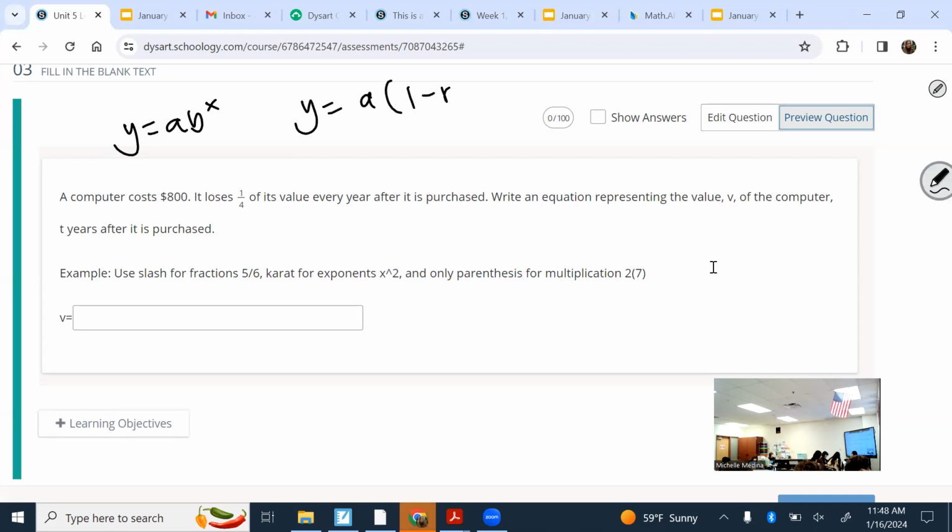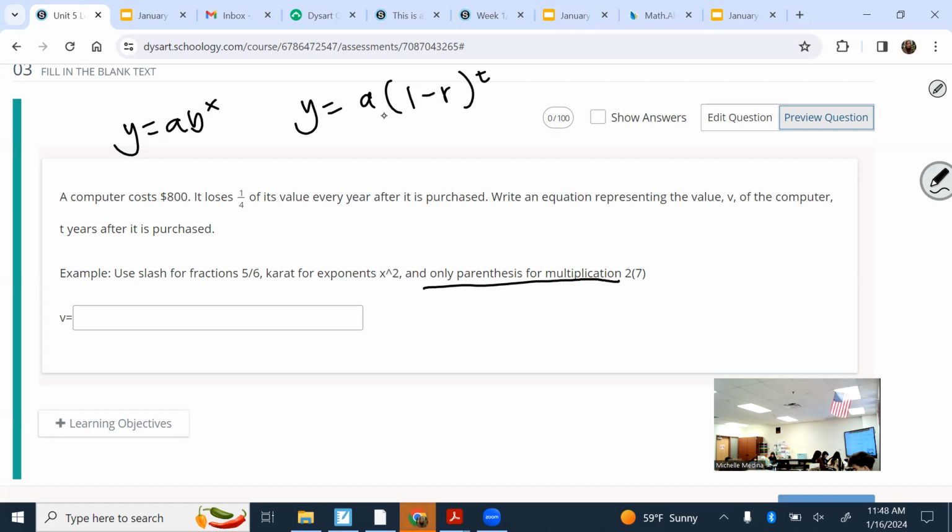And since it's losing value, it could be either one of these 2 equations. And notice it says only parentheses for multiplication. So don't have it with the 1 minus. I don't think it'll accept that. Have it to where it's just multiplication for this part.